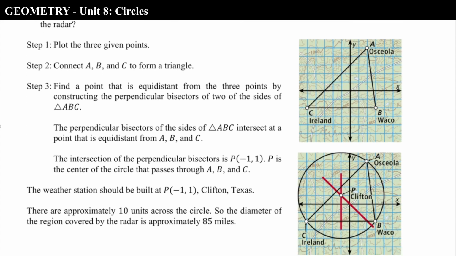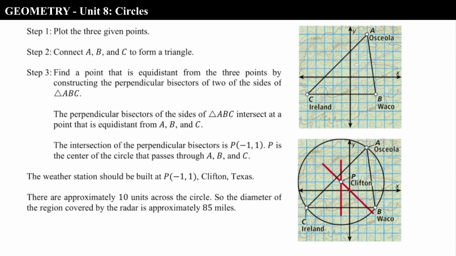The perpendicular bisectors of the sides of ABC intersect at a point that is equidistant from the points A, B, and C. So that was done here, and you would have to use some construction methods to do that, which you have already learned. The intersection of the perpendicular bisectors is at -1, 1. Okay, so that's the first piece of information we're looking for.